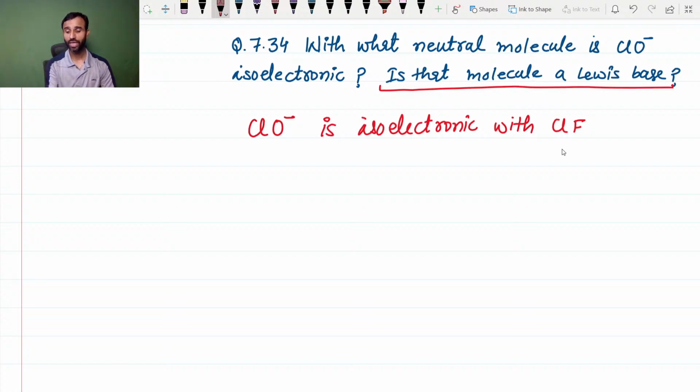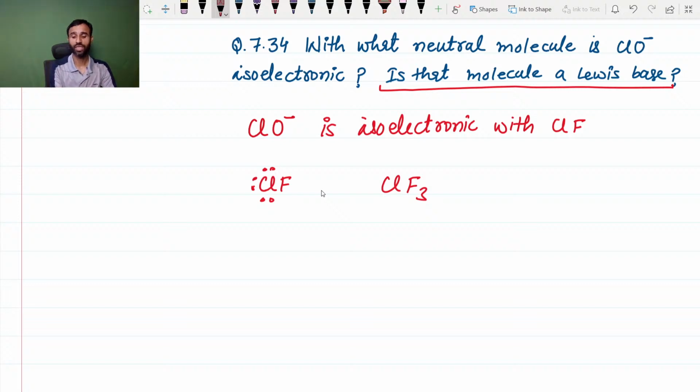Now the next question is whether that molecule is a Lewis base. So ClF can be converted into ClF3. ClF3 is also formed. That means this chlorine can donate its electrons to 2 more fluorines.